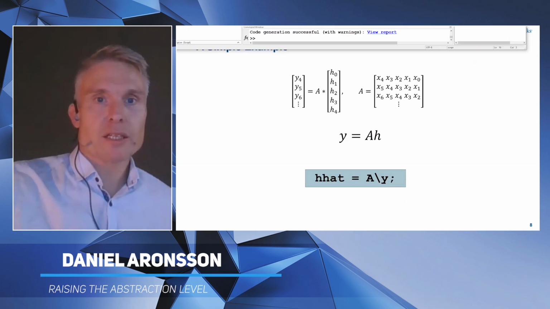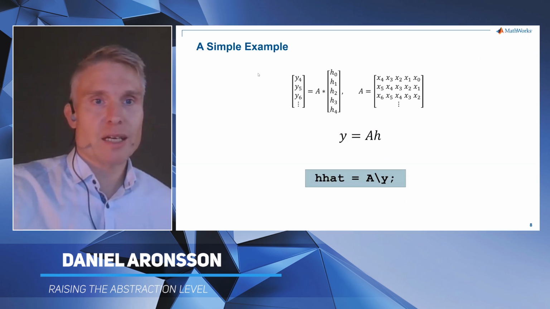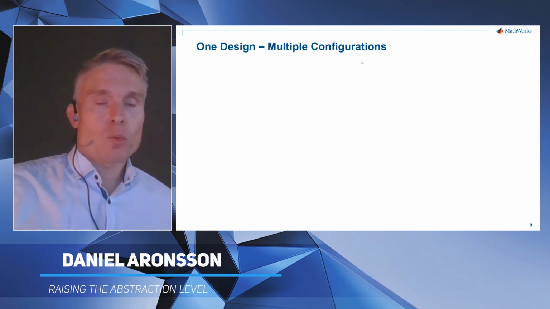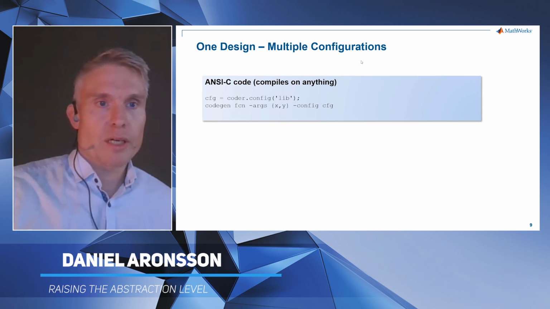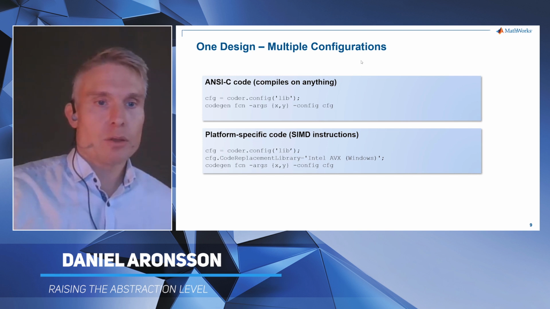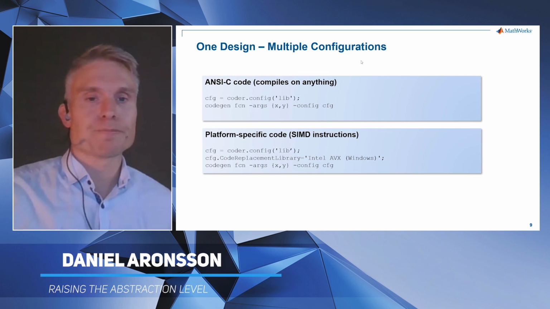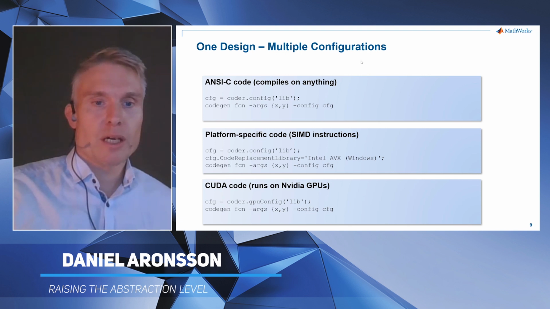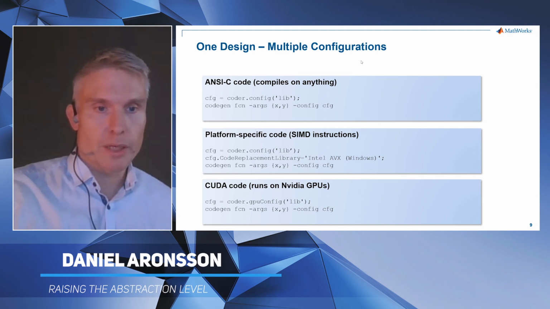Now I'm going to go back to my slides. So what we saw here is that with one design, with 2 lines in MATLAB, we get multiple configurations. So ANSI code that will compile on anything by default, and then you can change this code replacement library setting and get platform specific code. In this case we got these vector SIMD instructions, and also if you have GPU Coder, you can get CUDA code out.